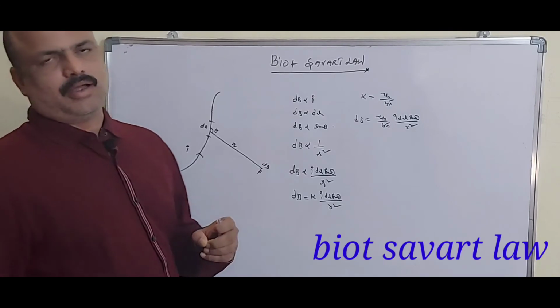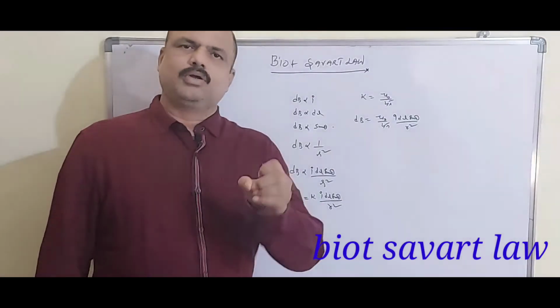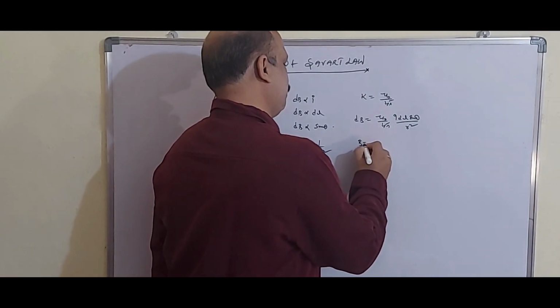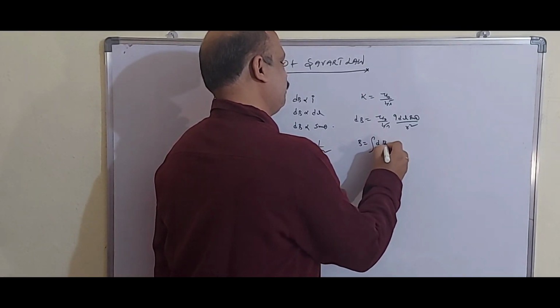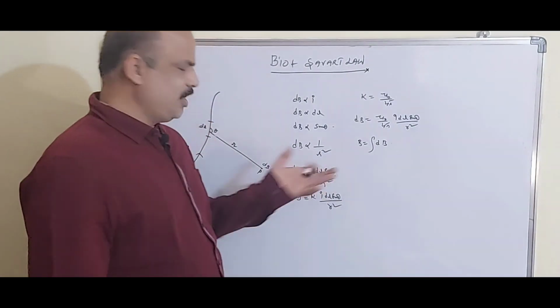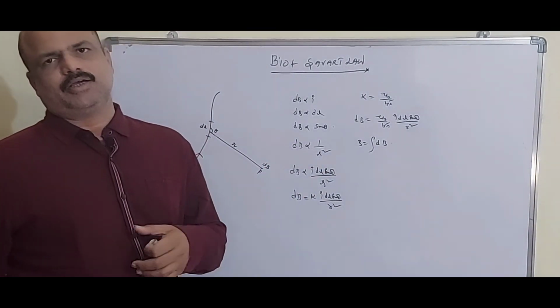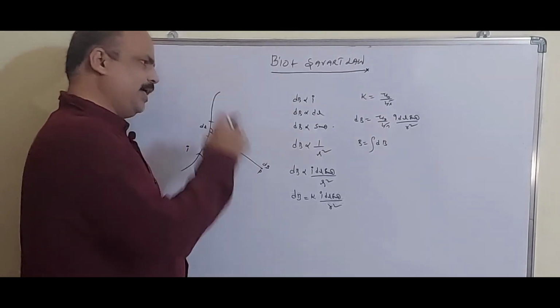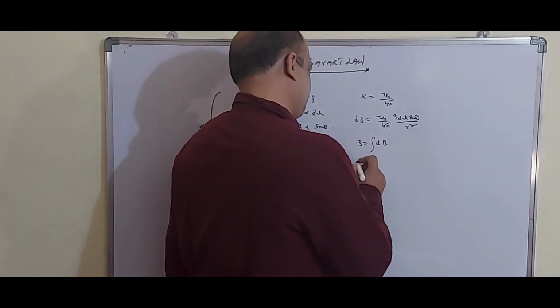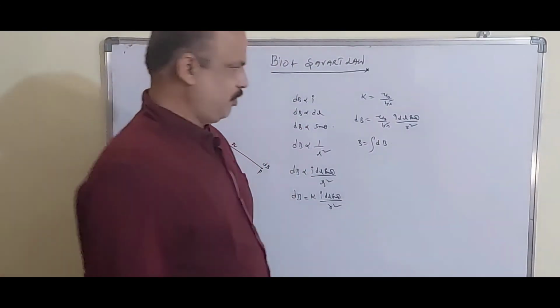To find out the magnetic field due to the entire length of the conductor, we have to integrate the above equation. B is the integration of dB. By integrating the above equation, we can find the total magnetic field due to the entire length of the conductor. And also we can write this result in vector form.